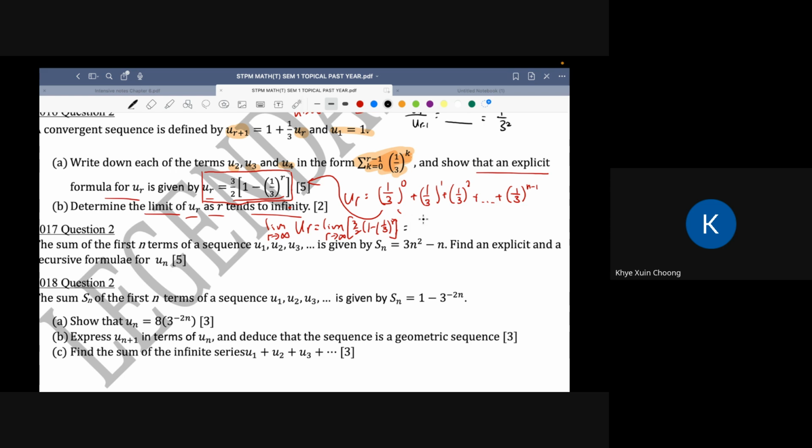If you times it many times, it will tend towards 0. So this number will tend towards 0. So if you limit R to infinity, you will get 3 over 2 times 1 minus 0, which is 3 over 2.